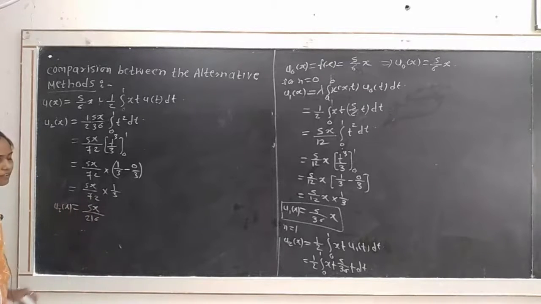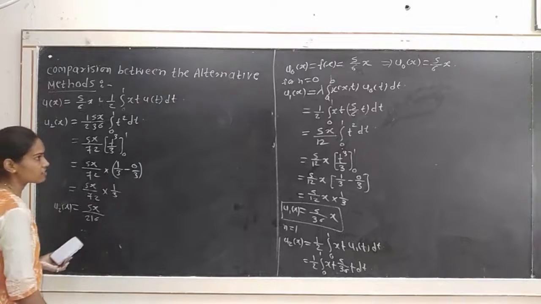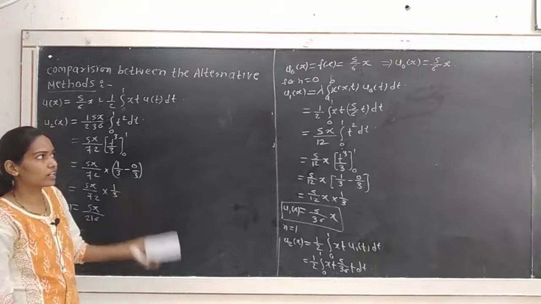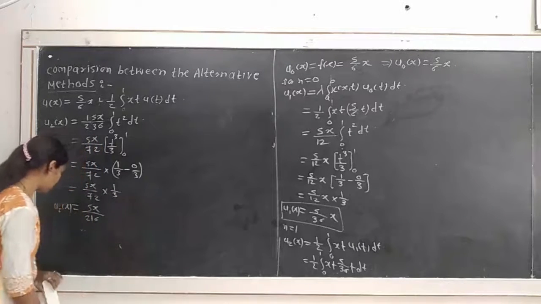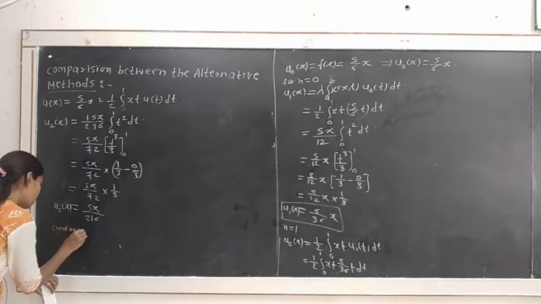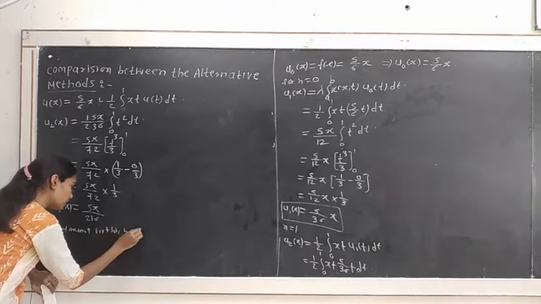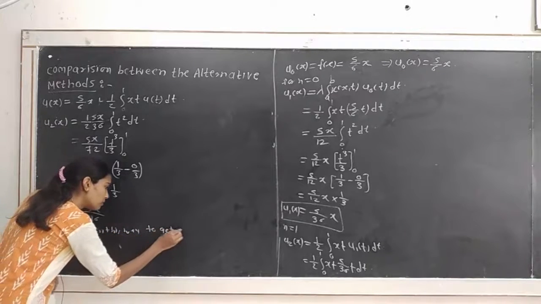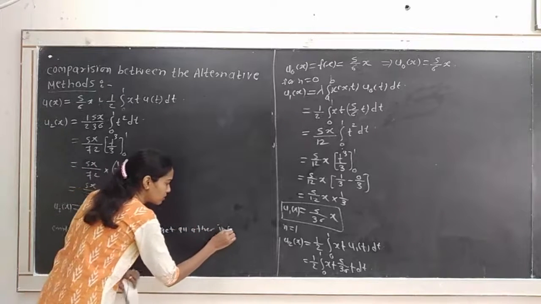In this way we can find all other components. Then we take the addition of all these components to get the value of u of x, that is the solution, by applying the Taylor series or infinite geometric series. Continuing in this way to get all other infinite components.